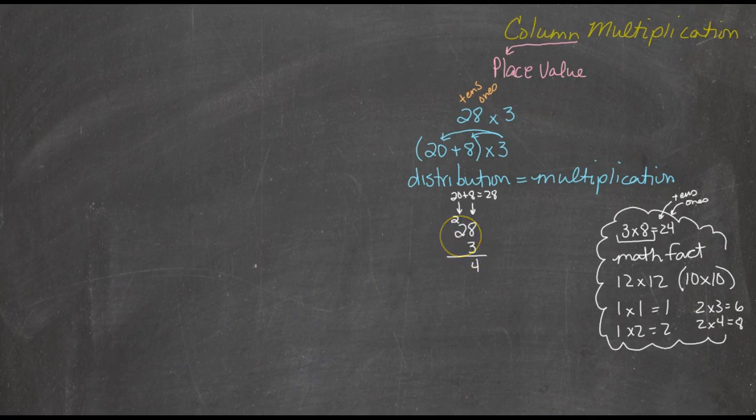And I still have a 2 that belongs in the tens column here. So I'm just going to add the carryover. 3 times 2 is 6, add 2 is 8. And when I write that down, I get 60 plus 20 equals 80 in the tens column. So that's the breakdown or the foundation of how column multiplication works.